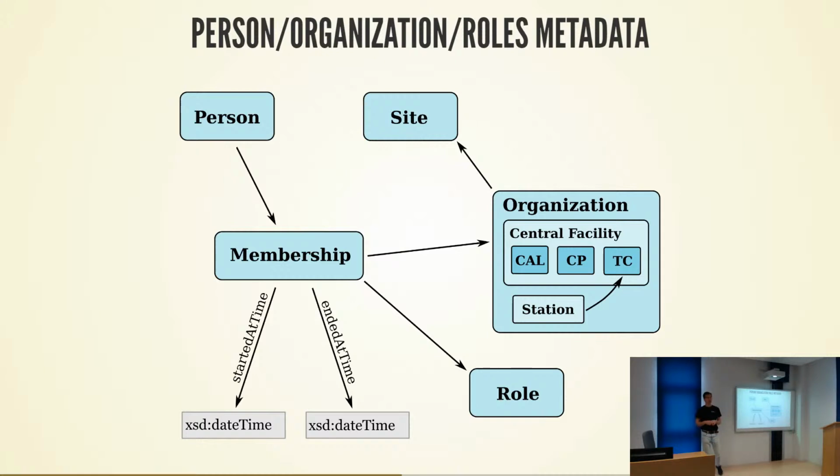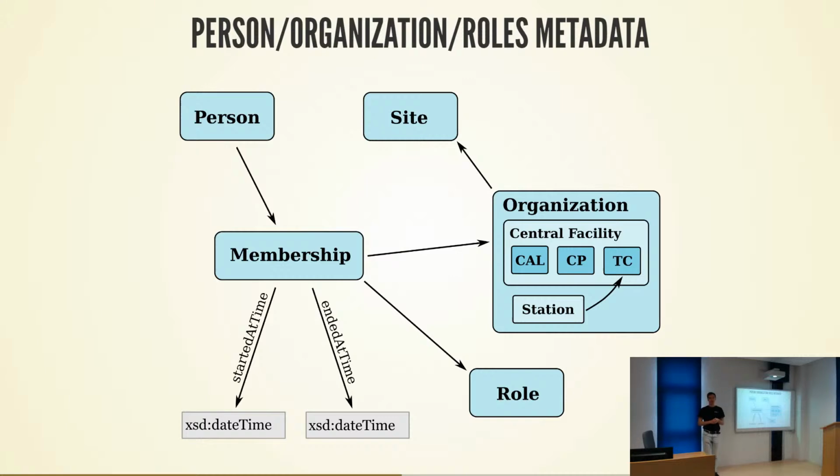This way you can very flexibly describe what role people play at organizations, and people can have parallel double or triple roles at the same organization if necessary, and in different organizations and so on. So this is a flexible pattern for describing roles. A role itself is basically a string, like principal investigator or administrator or data manager and so on.